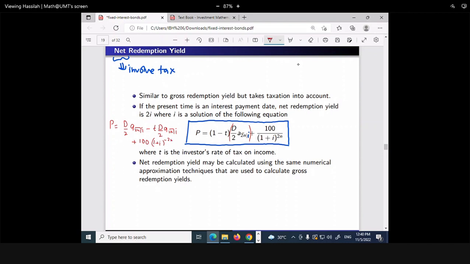Kenapa dia jadi macam tu ya? Kenapa dia tak tolak yang second term ni?